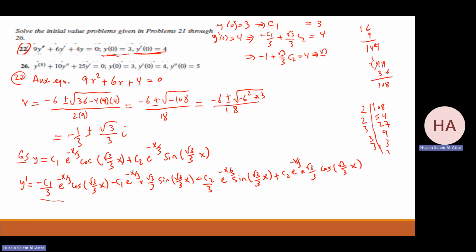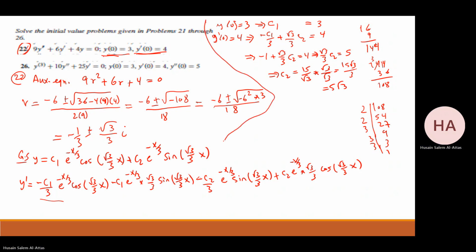So square root 3/3, C2 equals 5. So C2 equals 15 over square root of 3. Rationalize it. You have 15 square root of 3 over 3, which is 5 square root of 3.